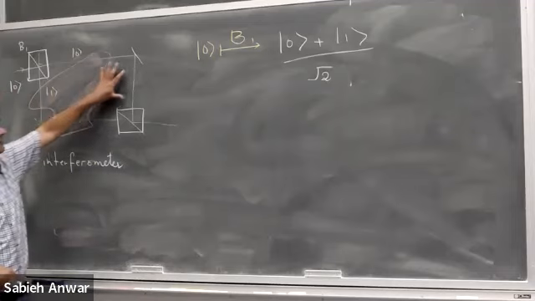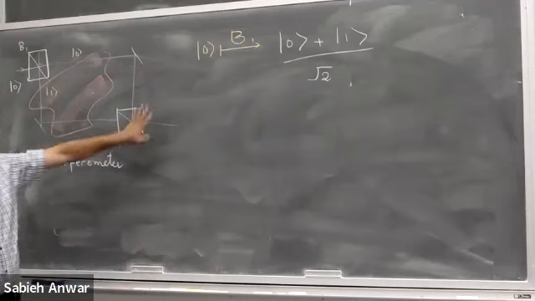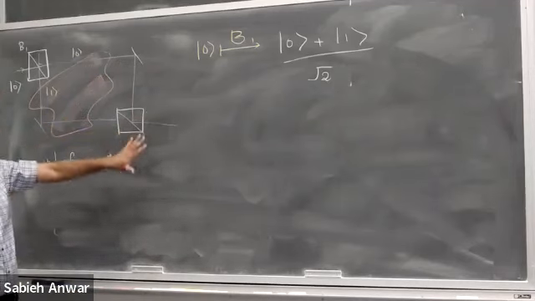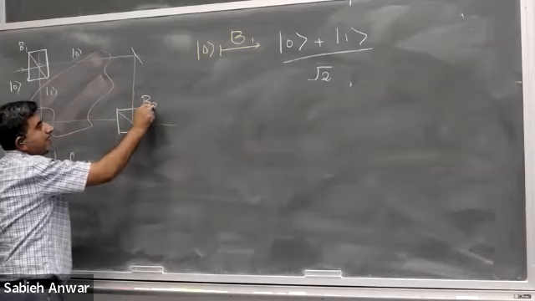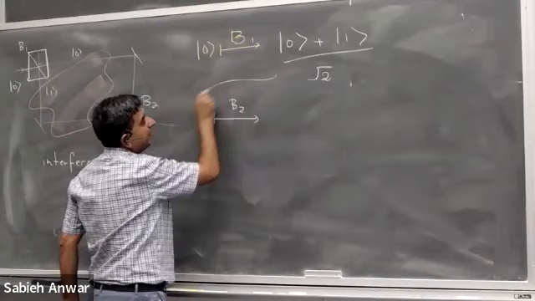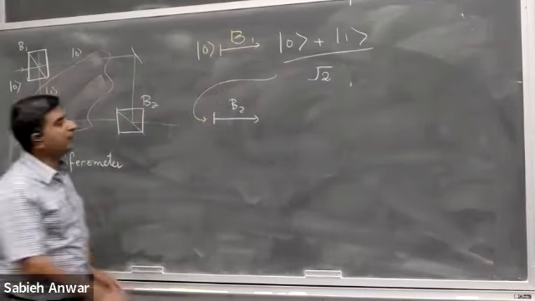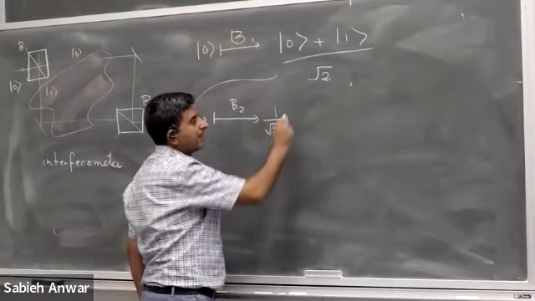So now, when this spread out photon, just like the electron that was spread out in space, this photon field that is spread out in both arms of the interferometer, what happens when it sees the second beam splitter? So now this state is being input into the second beam splitter. This 1 over root 2 is just a common factor.